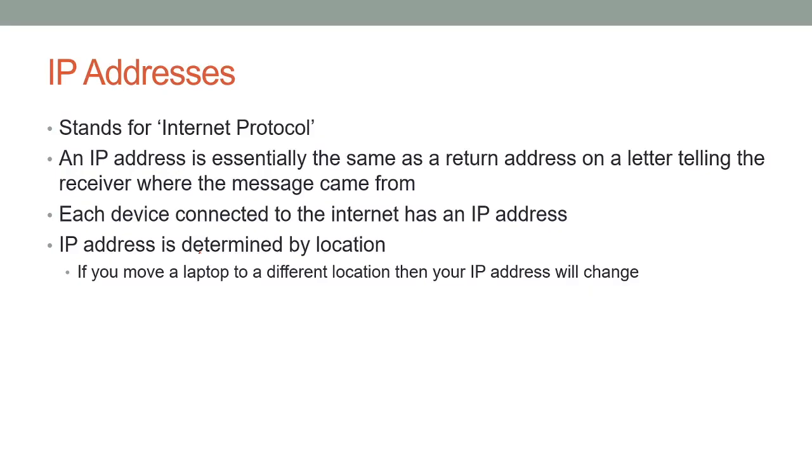Same with phones. If you move about a lot, after you move a certain distance, your IP address will change. So although each device has its own IP address, as you move about, it does change. That's the first thing we need to get across, IP addresses, before we move on.